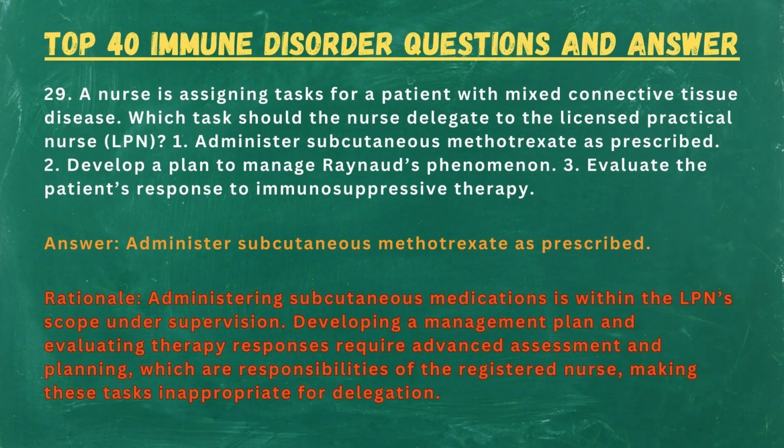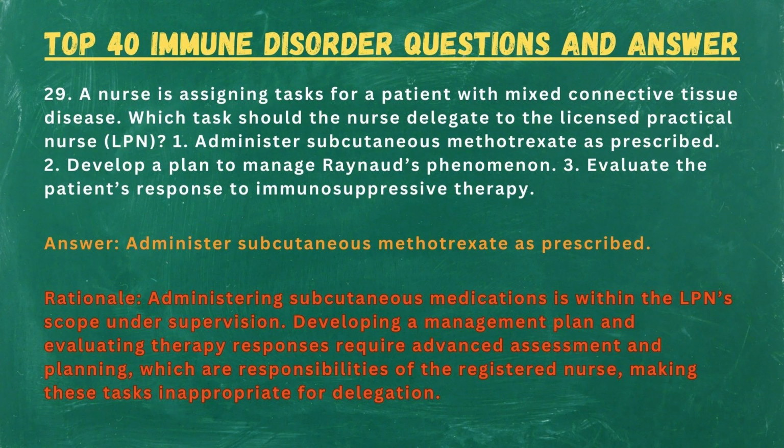29. A nurse is assigning tasks for a patient with mixed connective tissue disease. Which task should the nurse delegate to the licensed practical nurse (LPN)? 1. Administer subcutaneous methotrexate as prescribed. 2. Develop a plan to manage Raynaud's phenomenon. 3. Evaluate the patient's response to immunosuppressive therapy.